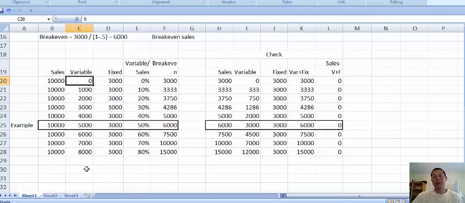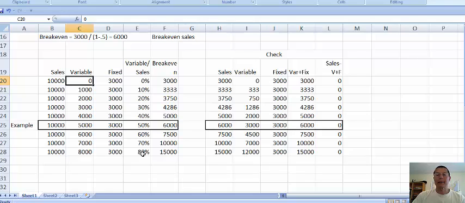Let's take the other extreme where variable is 8,000 out of 10,000, which is 80%. Now I can look at that and I know intuitively my break-even sales has to be over 10,000, right? Because 8,000 is variable, 3,000 is fixed. We're already at $11,000 in fixed plus variable, so it's got to be higher. And it is.